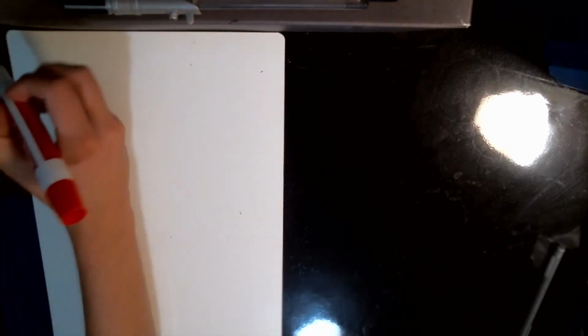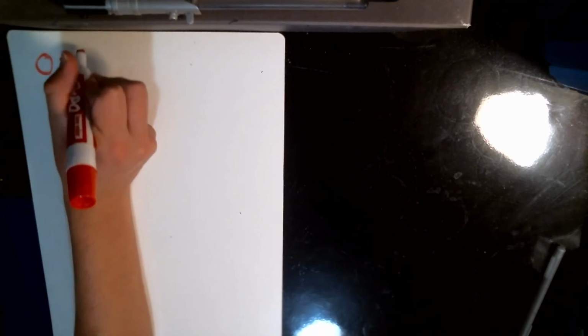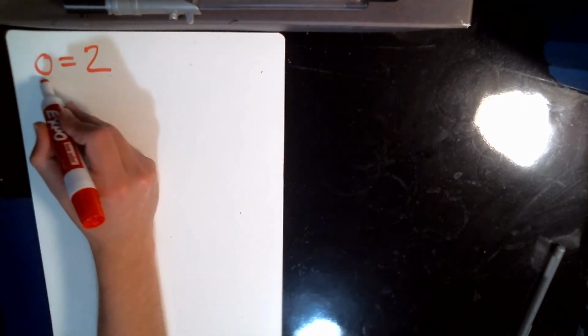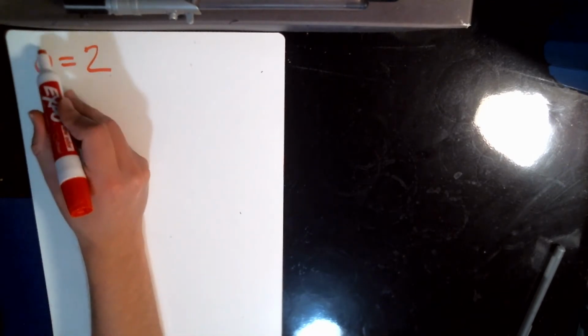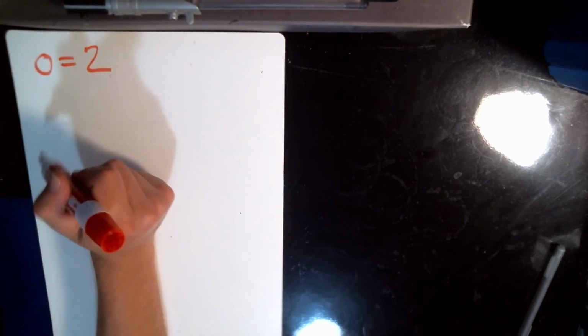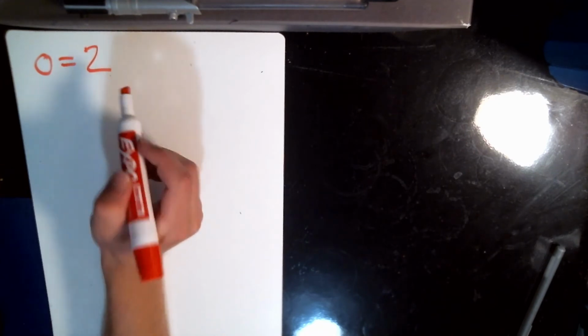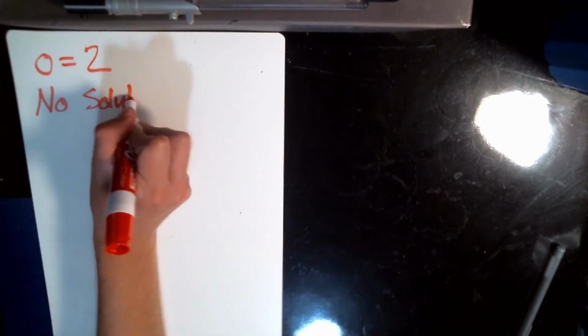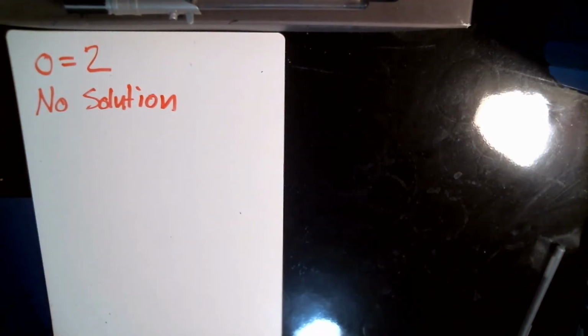Whenever you're doing the elimination stuff, if you ever get a 0 equals 2 or something like this, where you have a number equals another number and they're not actually equal, this always means that there's no solution. Okay, so if you ever get something like that when you're doing elimination, there's no solution.